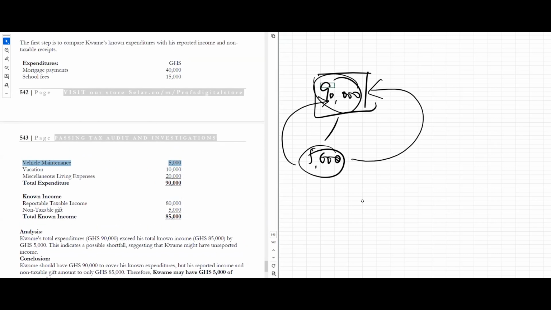Can you see that? But you are saying that the rest of the expenses total 80,000. So out of this, you took 40,000, 15, 10, 20, but it still doesn't add up. How were you able to afford this? There's still a 5,000 shortage. So 5,000, you didn't tell us. So every money you received still went into spending. It doesn't matter whether it's taxable or not taxable.